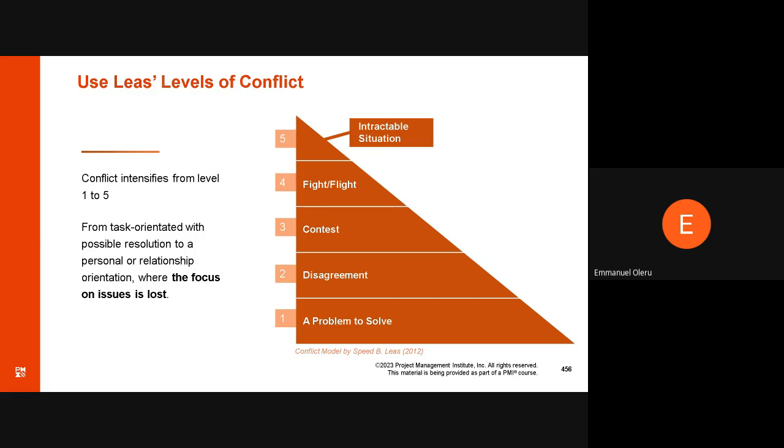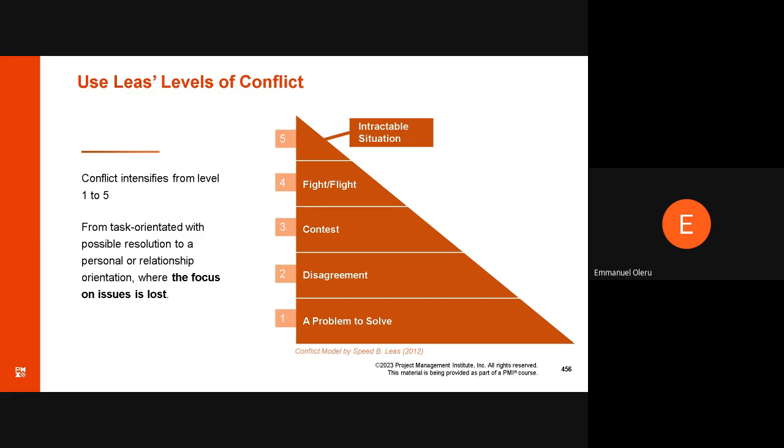This person says no, this one says this is how we do it, and before you know it, there's a contest. Contest is when people are now backing this person, and this group A, group B, and then before you know, there's a serious fight. Then you now get to a stage where you can't fix the issue again. The team will just scatter, right? So these are 5 levels of conflict, trying to tell you that you have to prevent it from happening.